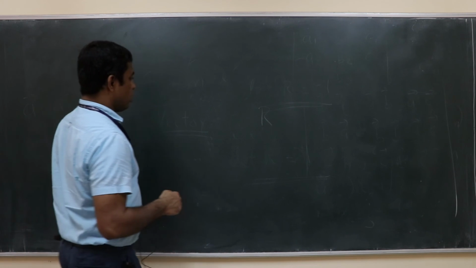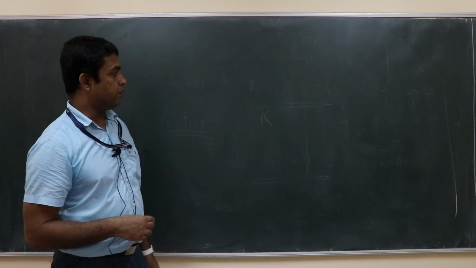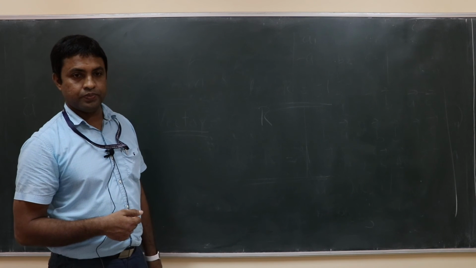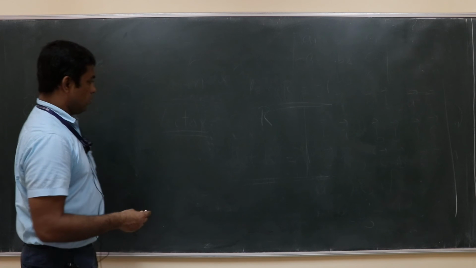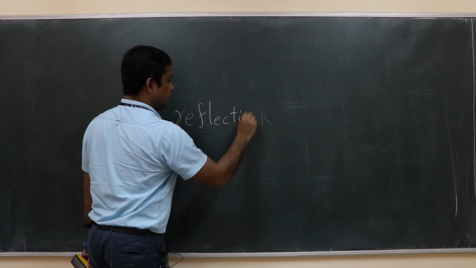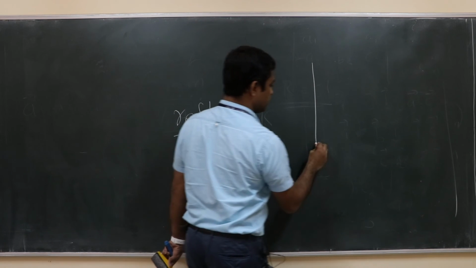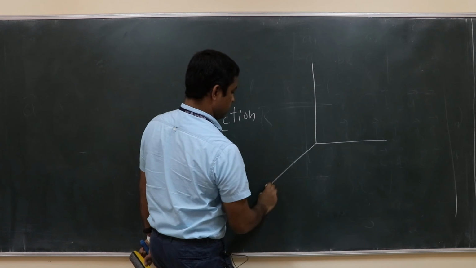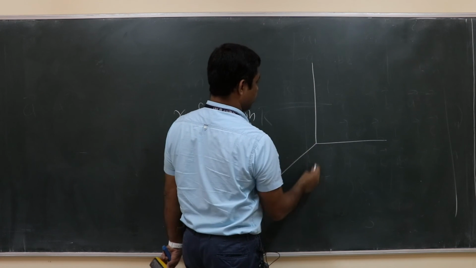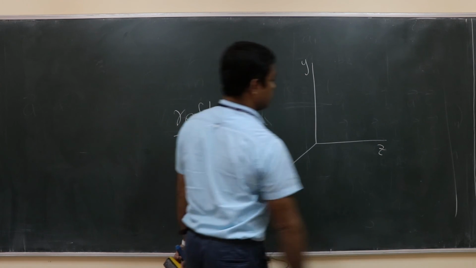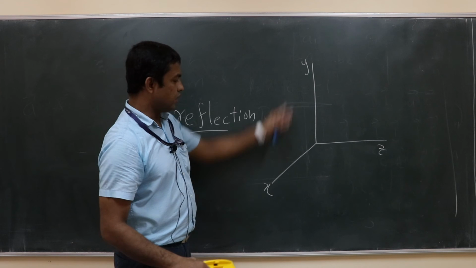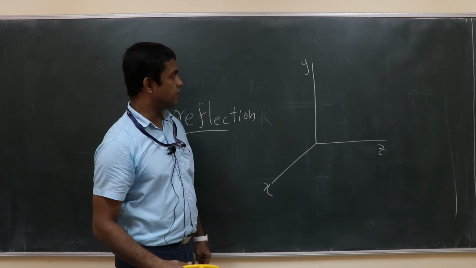So can you give me an example of an improper rotation? Inversion of the coordinate system. Okay, so let us look at the reflection. We have x, y, z, and a reflection about the xy plane.